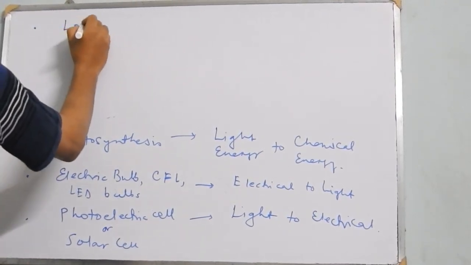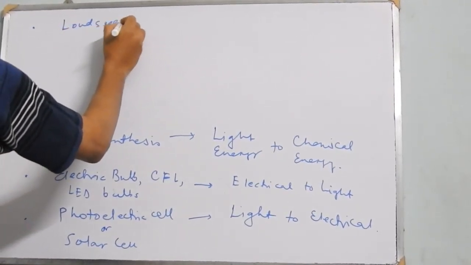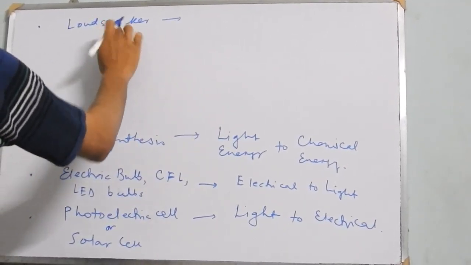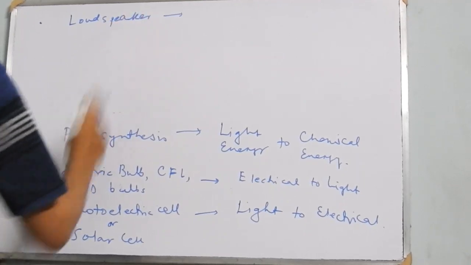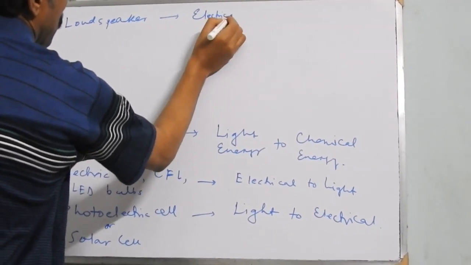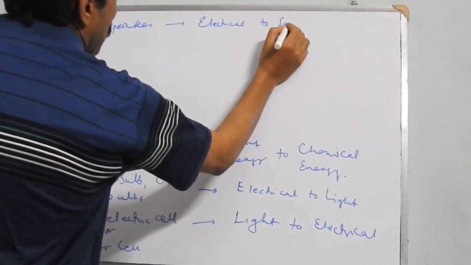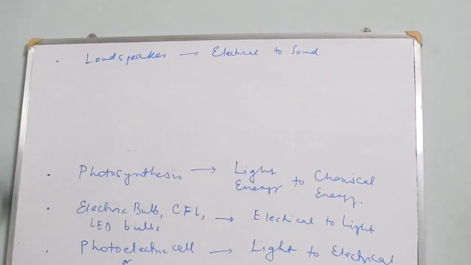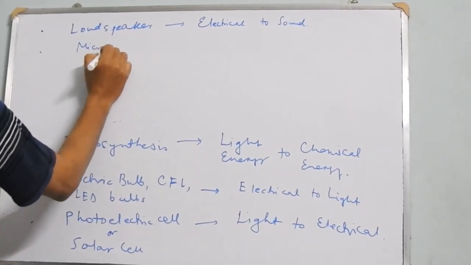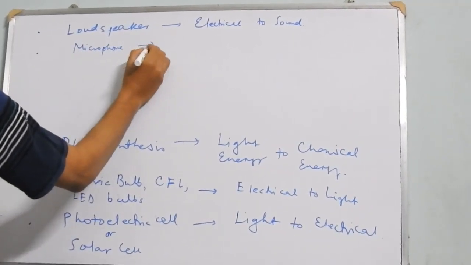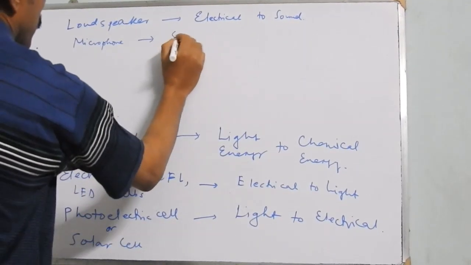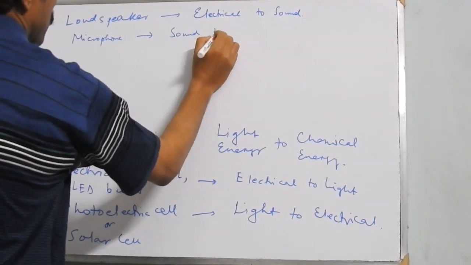Suppose you take the example of a loudspeaker, then it converts electrical energy to sound energy. On the other hand, if you take the example of a microphone, it will convert sound energy to electrical energy.